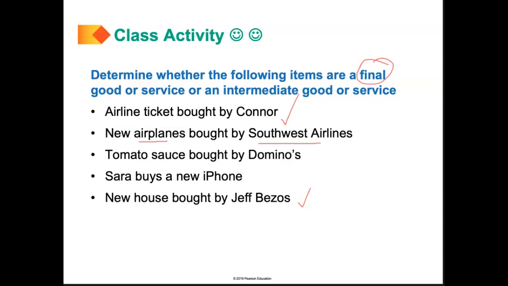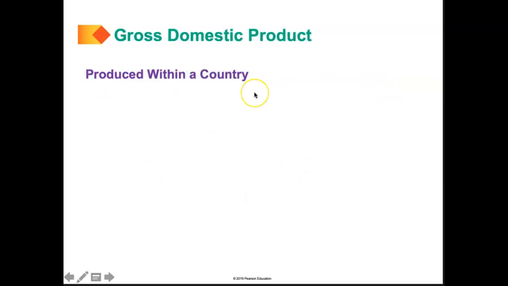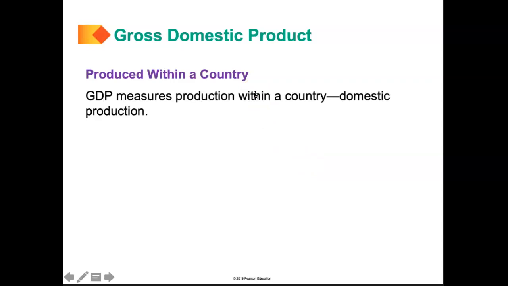Okay, right. The next component of GDP we're looking at is produced within a country. So GDP basically measures productivity or output within a country. Okay, so we know that Honda is a Japanese car.